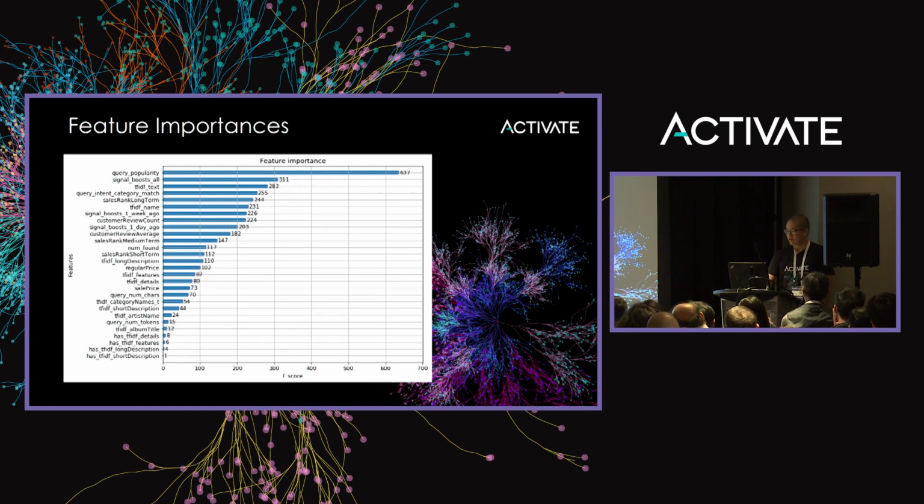One really interesting thing to note here is that you can't really tell from this plot, but if you actually look at the decision trees in the XGBoost model, you'll see that query popularity is commonly used in conjunction with the signal boost and the TF-IDF features.